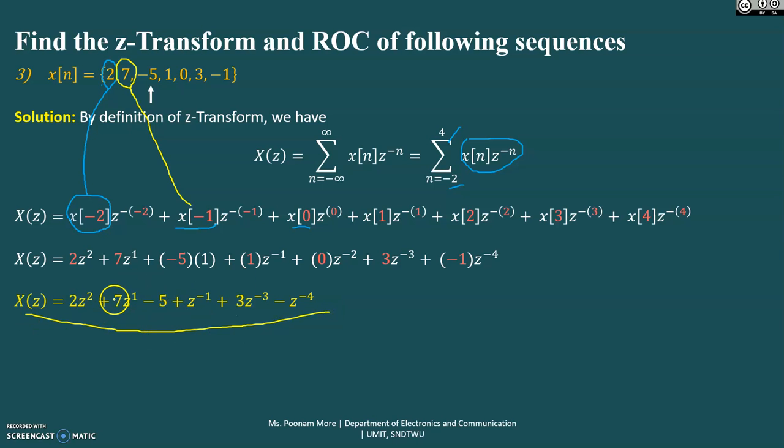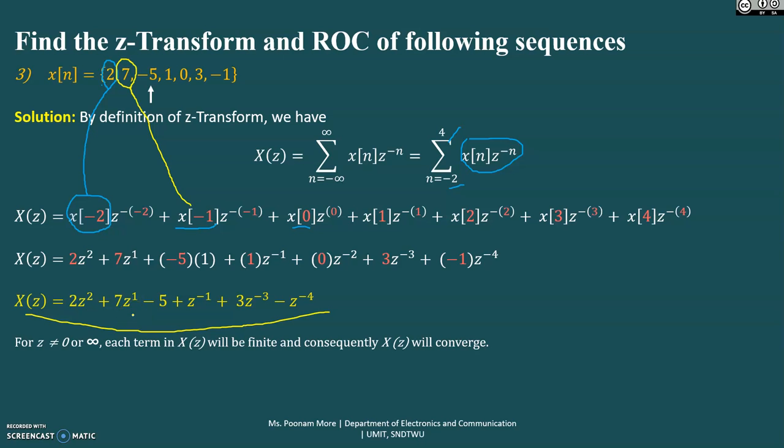Now this expression of x of z will converge only for those values which are not equal to 0 or infinity, because as you can see, here x of z is having terms of z which are having positive powers as well as negative powers. So when z is equal to 0, the terms with the negative powers will make x of z equal to infinity, and when z is equal to infinity, this expression will become infinite.